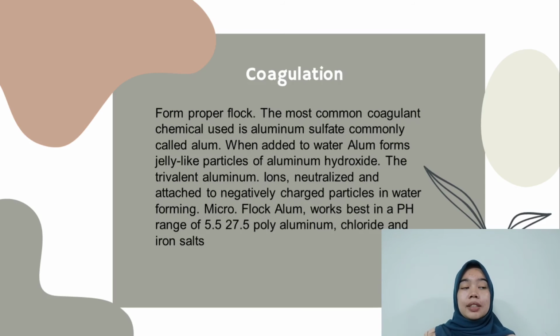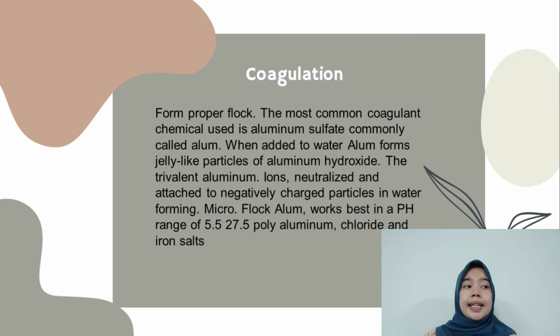For proper floc, the most common coagulant chemical used is aluminum sulfate, commonly called alum. When added to water, alum forms jelly-like particles of aluminum hydroxide. The trivalent aluminum ion neutralizes and attaches to negatively charged particles in water, forming microfloc.